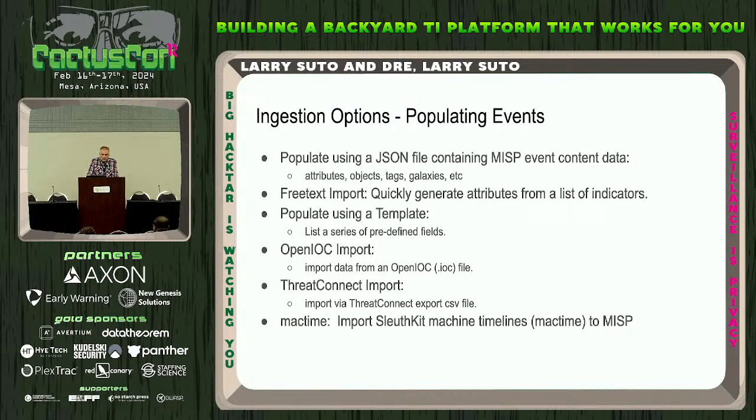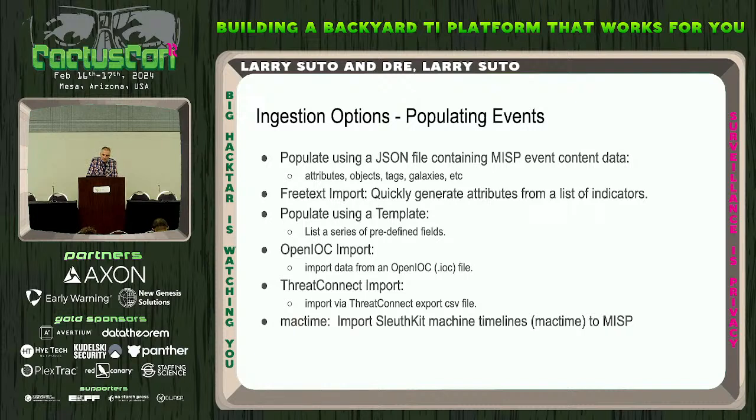After you've created some events, you may want to populate the event with content, and there are different ways of populating the event. You can use a JSON file, there's free text import, some templates, an OpenIOC import, a ThreatConnect import, and some other things. Some events can have thousands of attributes.